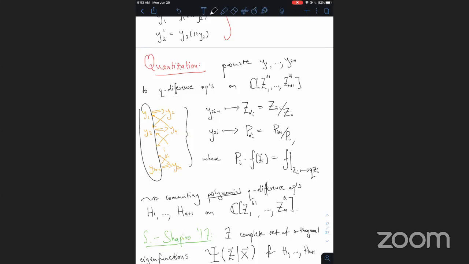Correspondingly, the even y variables act by the canonically conjugate momentum operators. So y_{2i} acts by what we'll call p alpha_i, which is p_{i+1} over p_i, where p_i is just the operator which takes a Laurent polynomial in the z's and dilates the ith coordinate z_i by a factor of q.